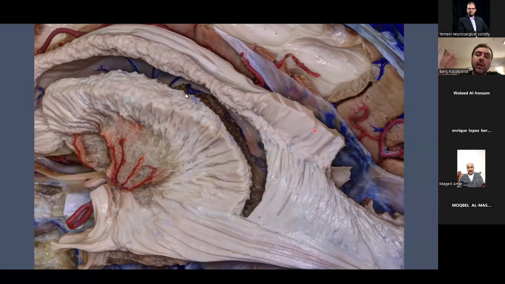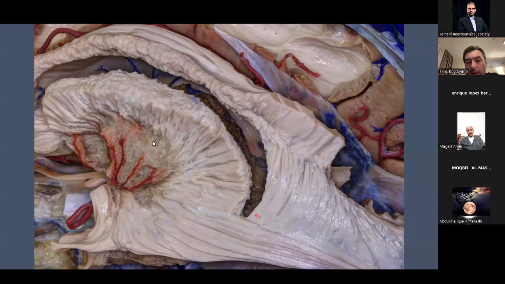When we look at the MRI of a patient, basically we first see the forceps major fibers of the corpus callosum coming through the splenium, but also there are tapetum fibers connecting the temporal horn all the way through the corpus callosum to the contralateral temporal horn.